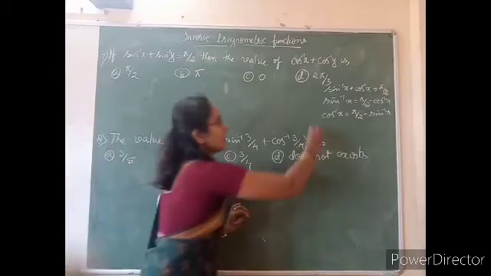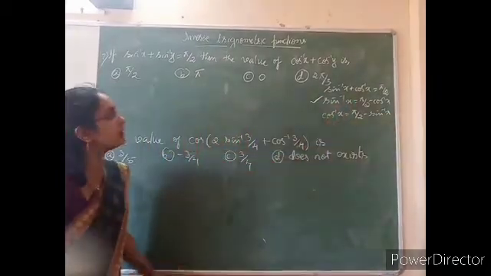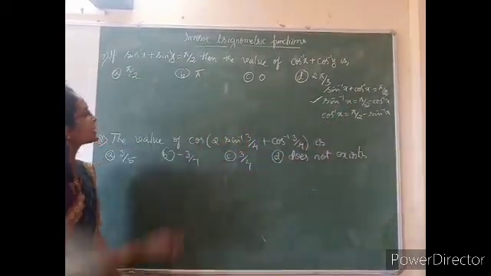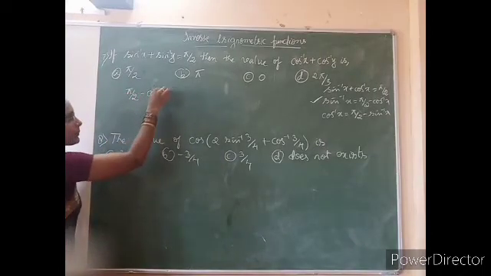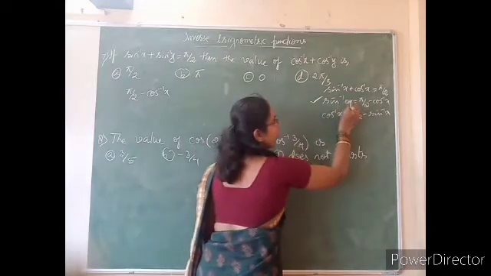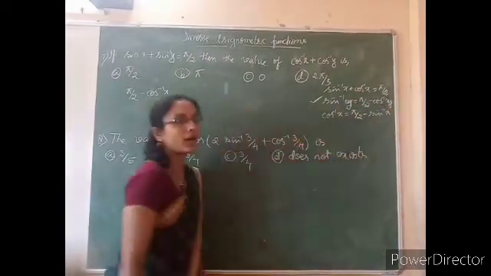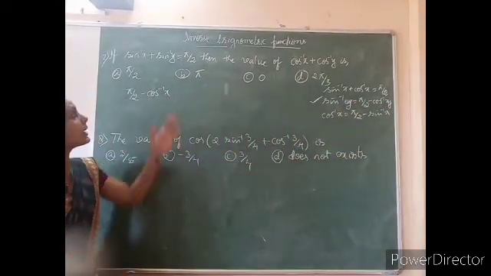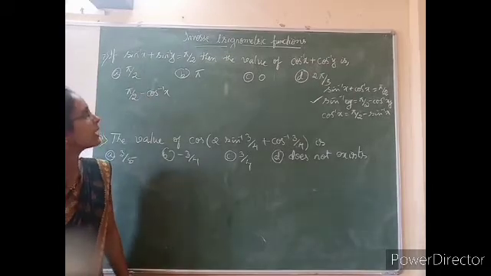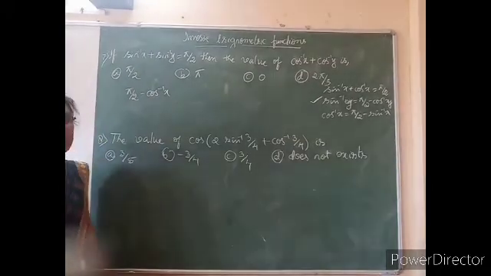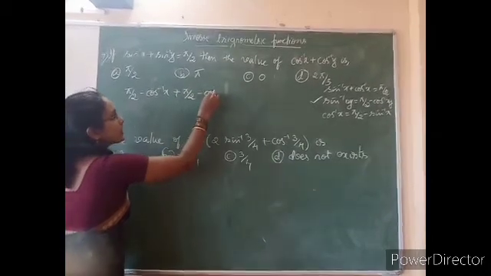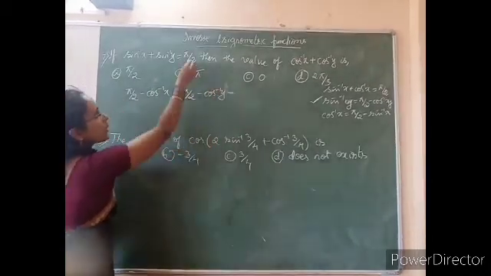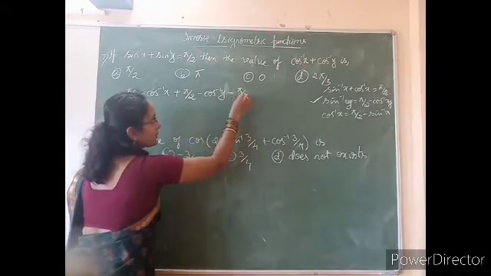So by using the first result, I will write sine inverse of x as pi by 2 minus cos inverse of x, and using the same result I can write sine inverse of y as pi by 2 minus cos inverse of y. So that is equal to pi by 2.